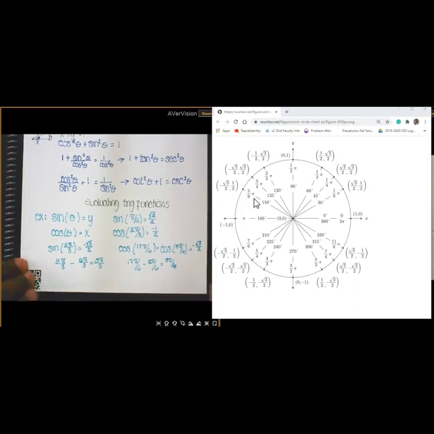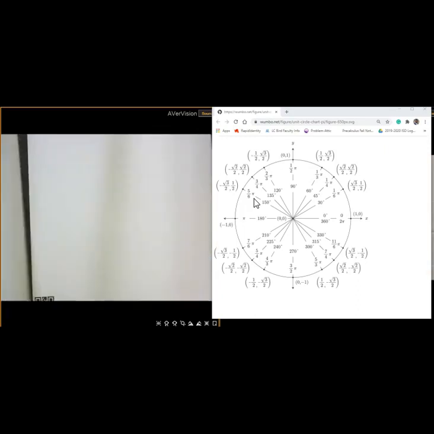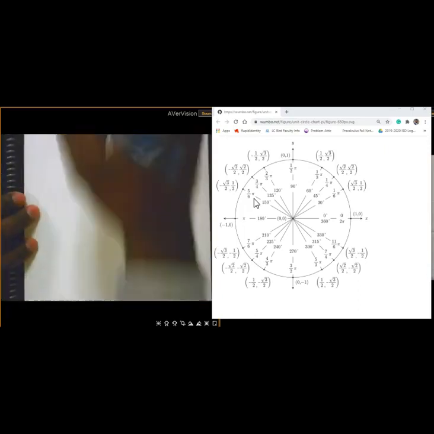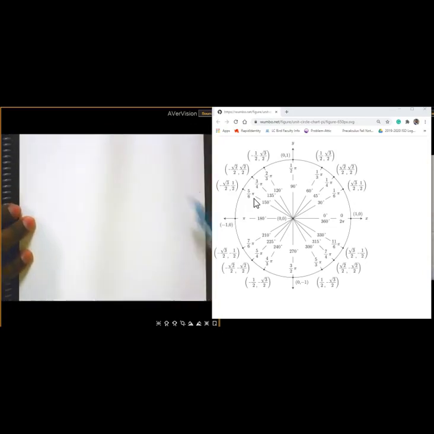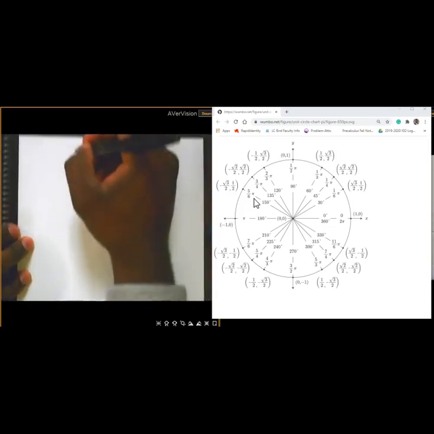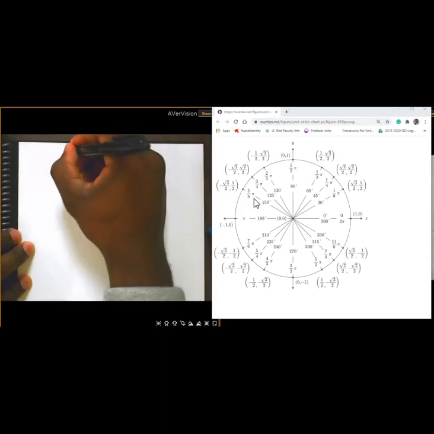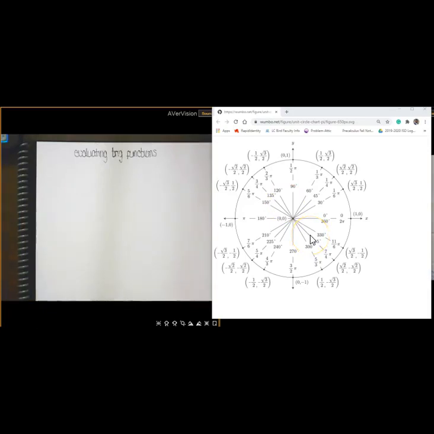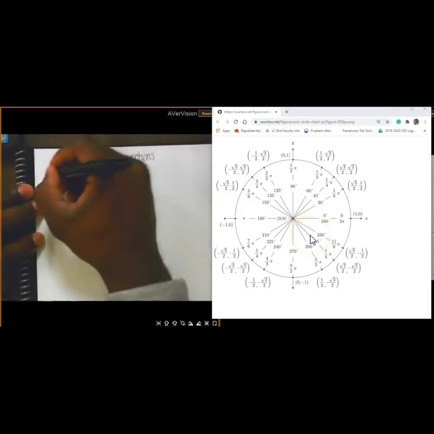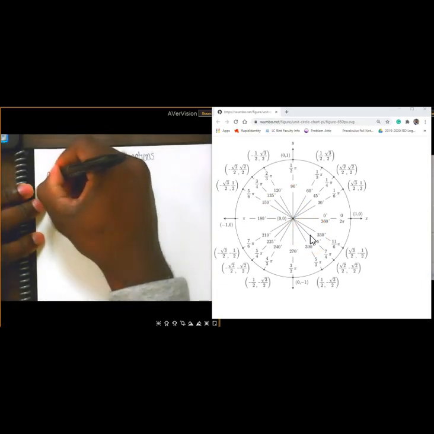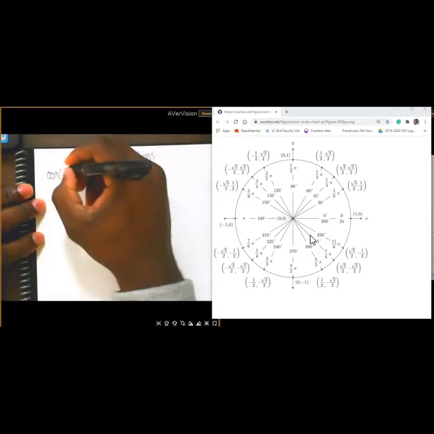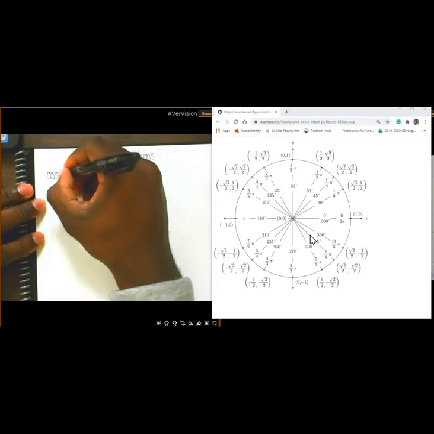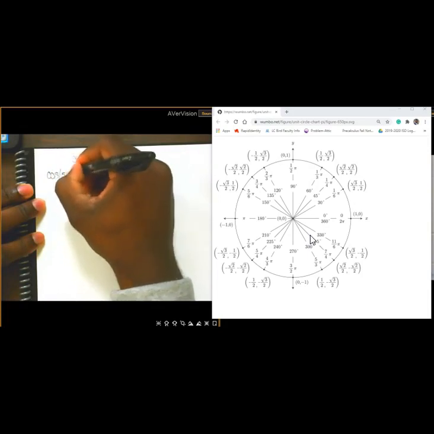Okay, let's try it in degrees. So what if I ask you to find cosine of 560 degrees?